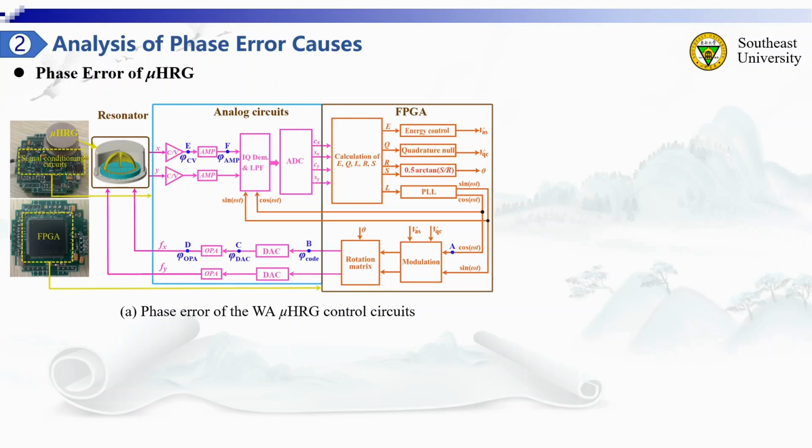Phi DA is the phase error of the DAC. Phi OPA is the AC-DC coupling phase error. Phi CV is the conversion circuits phase error, and phi AMP is the front-end operational amplifier circuits phase error.